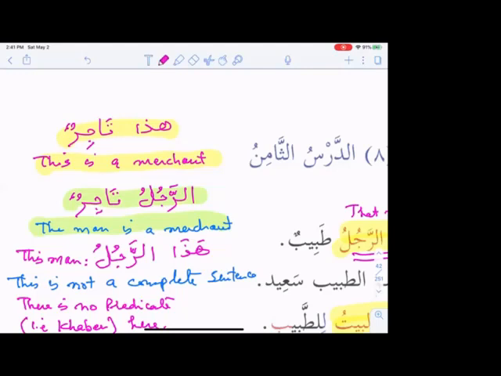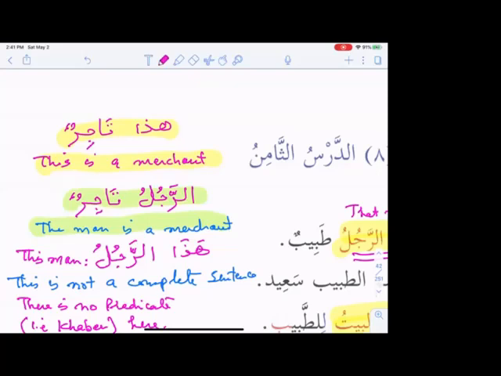Now, brothers and sisters, you saw, so what is Hadha Tajirun? Is this a Jumla Fi'liyya or Ismiya? I will answer because I cannot ask you and cannot hear you when you answer. This is a Jumla Ismiya, nominative sentence. Hadha is a Mubtada, subject.